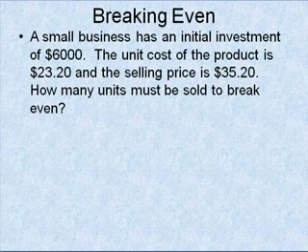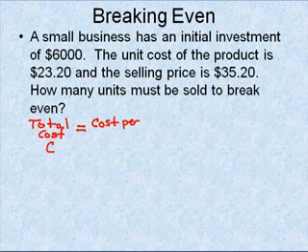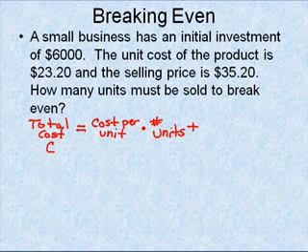Our first equation is going to look at the total cost. And I'm going to call the total cost C. Well, what is the total cost equal to? It's the cost per unit times the number of units plus we have to add in our initial startup cost.